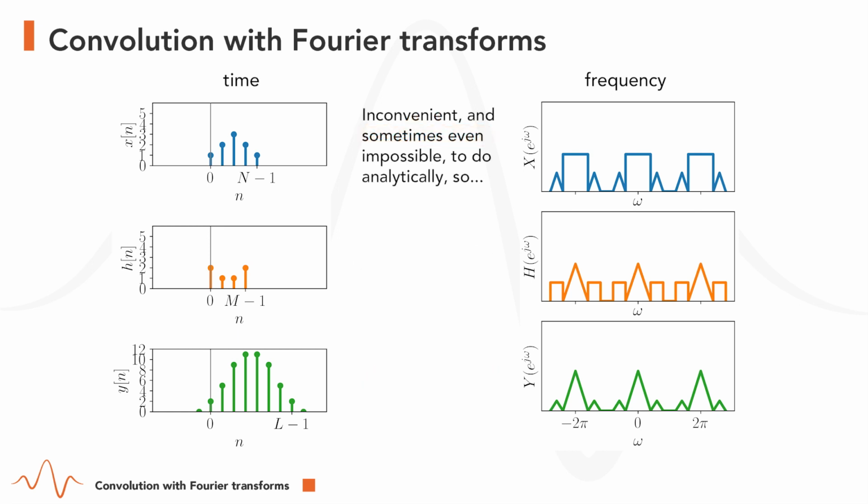However, this is often impossible to carry out analytically, as we cannot store the discrete time Fourier transforms in our computer. So the question is now, can we do this with the discrete Fourier transform? And if, in fact, we can do this and obtain the result of convolution with a discrete Fourier transform, what is the procedure to do so?